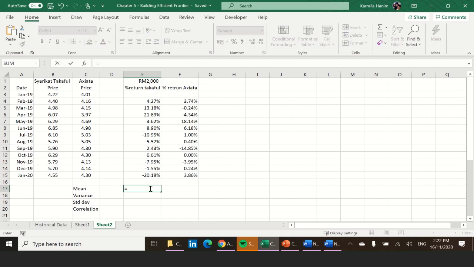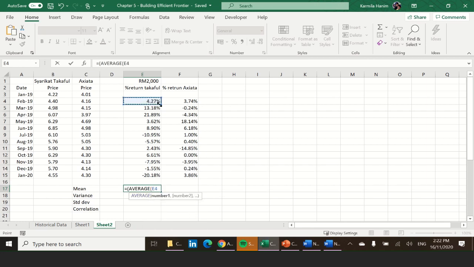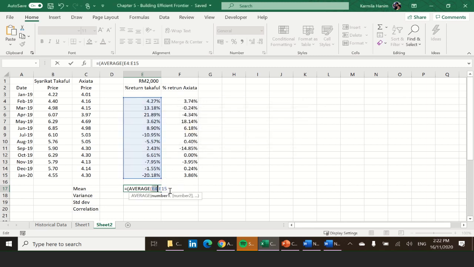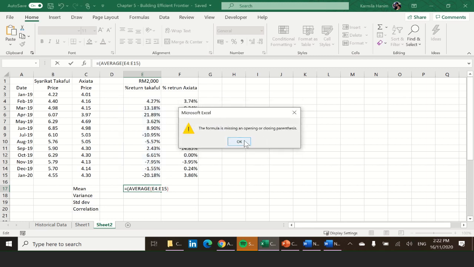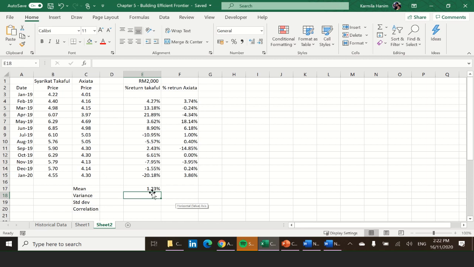Okay, to find mean, you can use average. And variance.